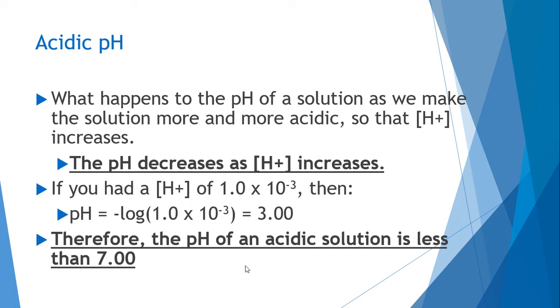What about an acidic pH? What happens to the pH of a solution as we make the solution more and more acidic? Remember, if we're making something acidic, we're increasing our H plus concentration, because for something to be acidic, your H plus concentration is bigger than your OH.